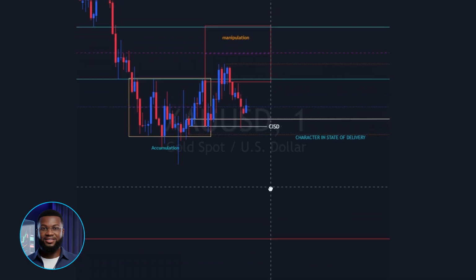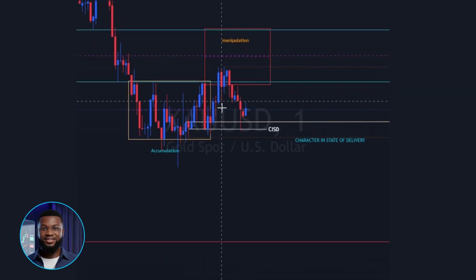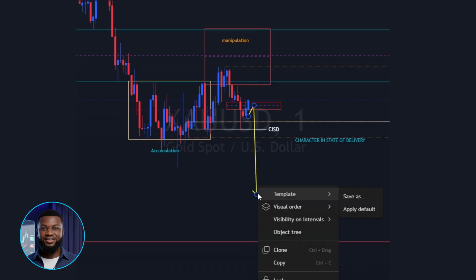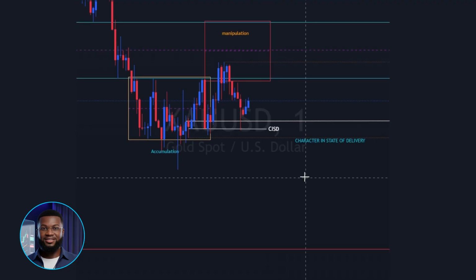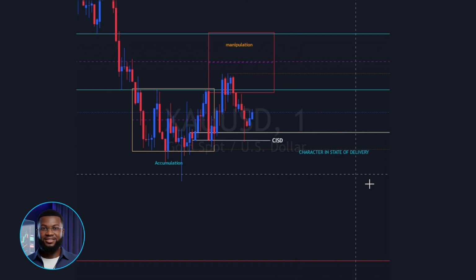Now you can see something amazing happening right here. You can see price making a 1 minute fair value gap, and price coming in to make a retest. But as I said, because we are trading a 1 minute time frame, you have to be extra cautious.